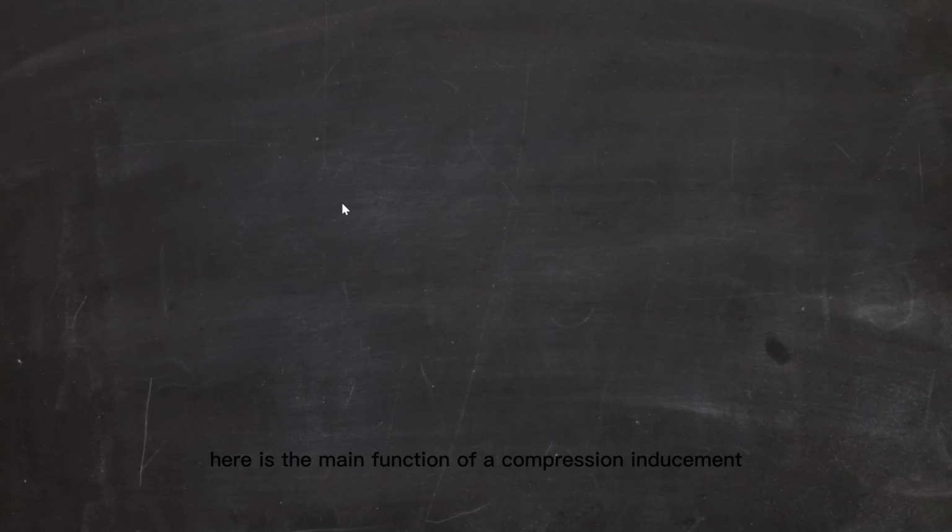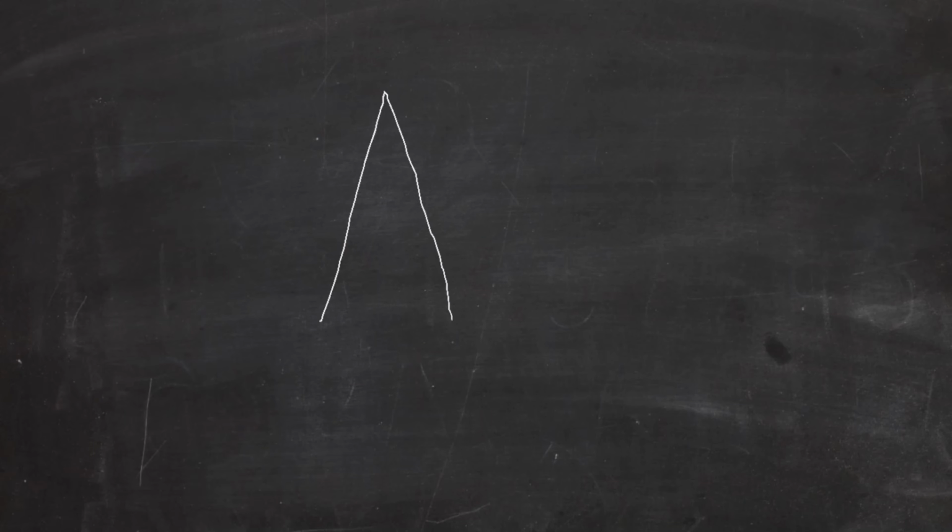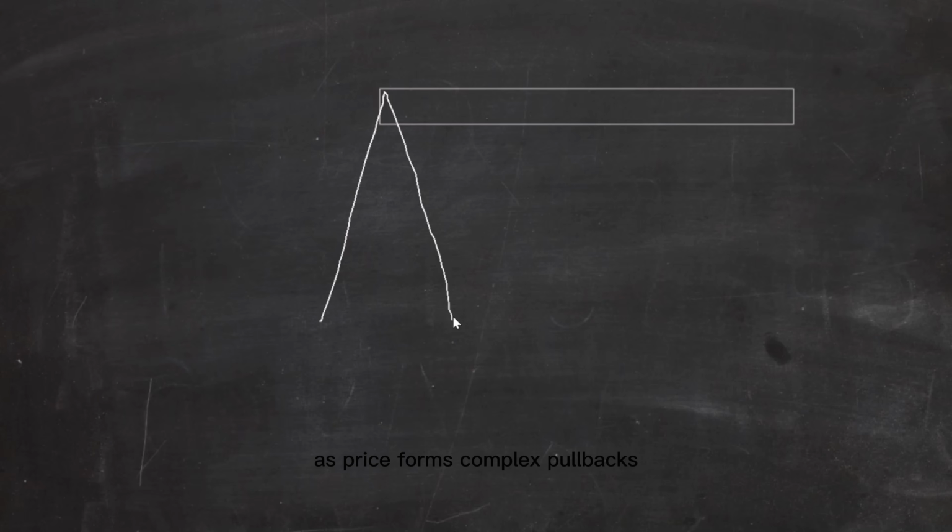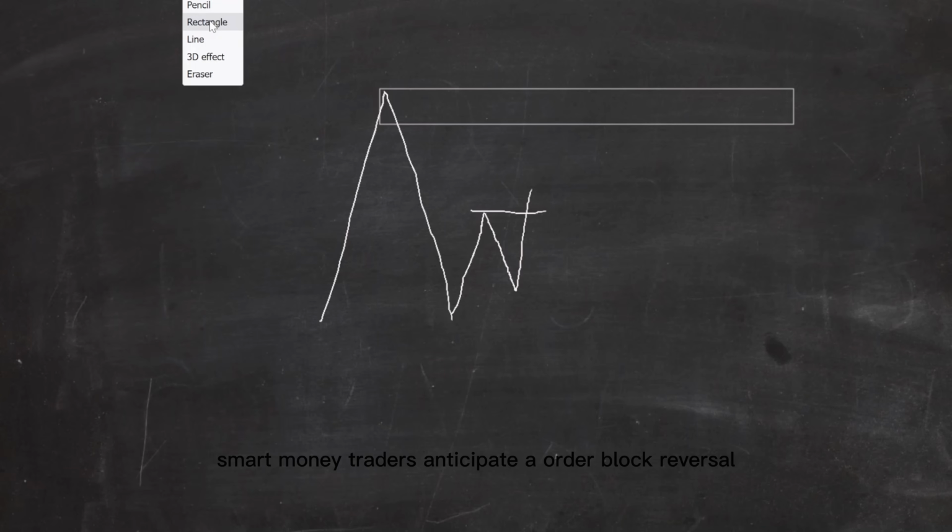Here is the main function of a compression inducement. As price forms complex pullbacks inside of this range, this should be your first swing. Now we break structure right here. Smart money traders anticipate an order block reversal.